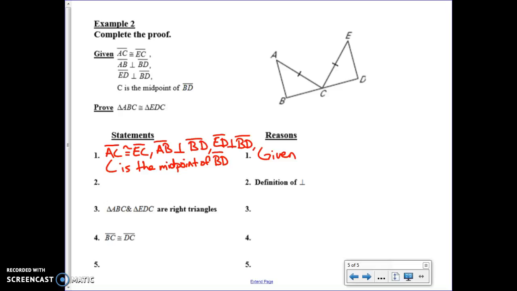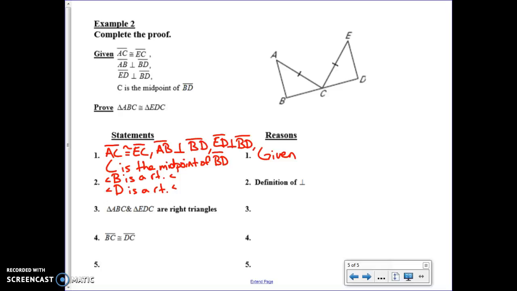So if AB is perpendicular to BD, then angle B is a right angle. We also know if ED is perpendicular to BD, then angle D is a right angle. So that's our definition of perpendicular.